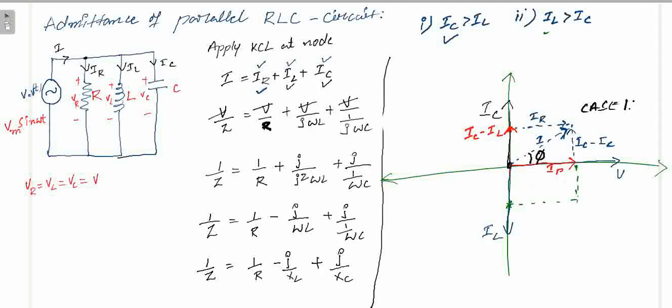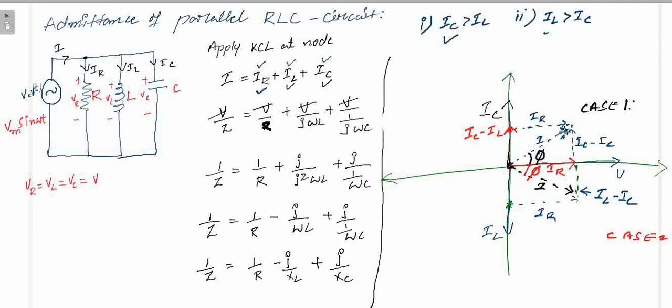This length indicates your IL minus IC, and this is your IR, and this is the line for the resultant vector, that is your I, which makes an angle phi. So this is for case 2.